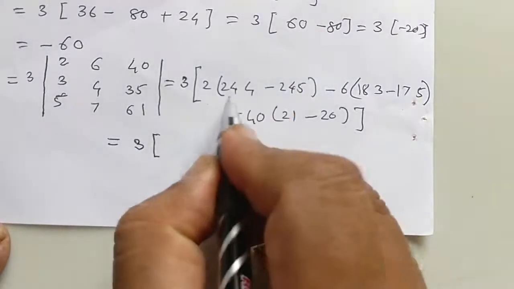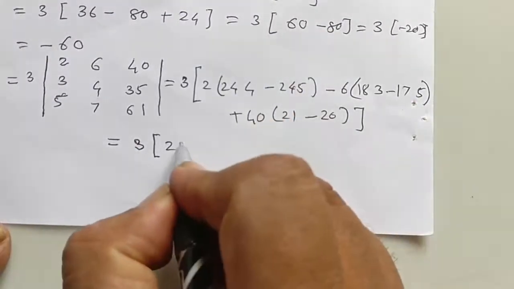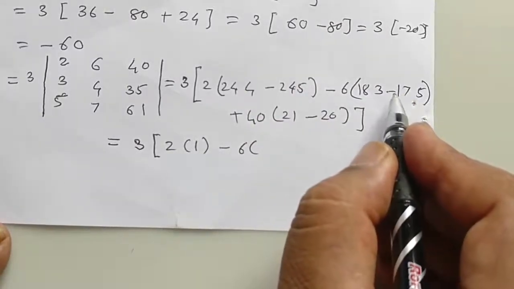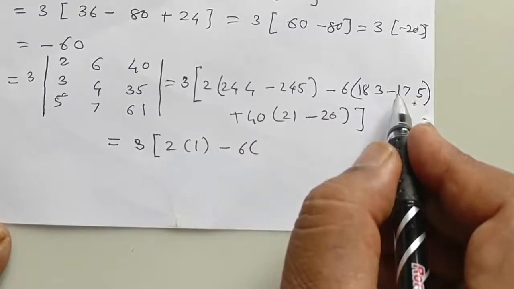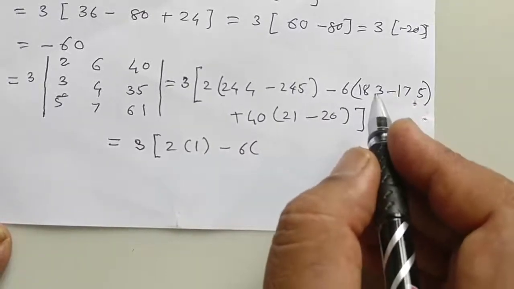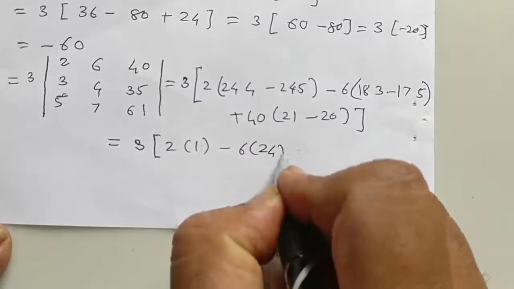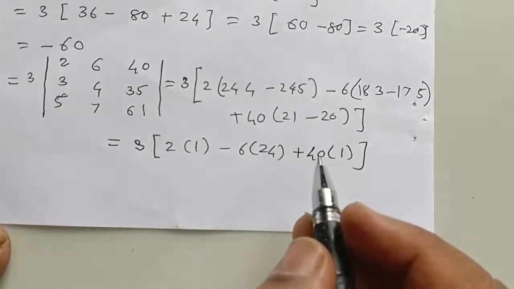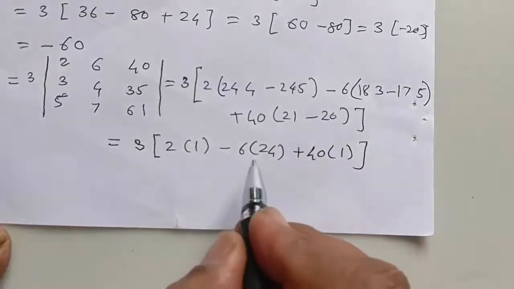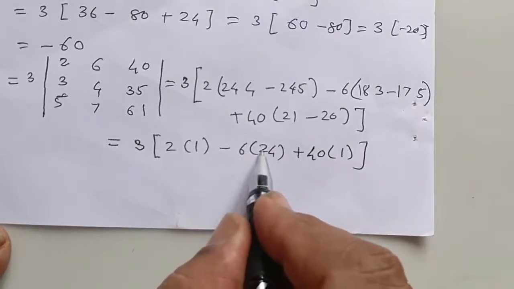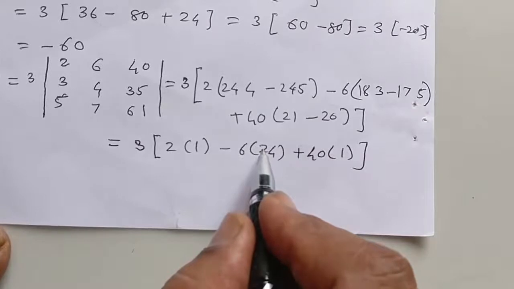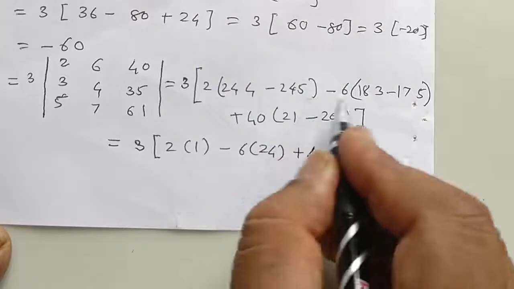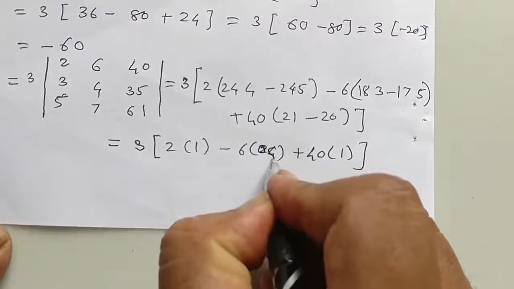3 into bracket 2 into 1 minus 6 into 24 plus 40 into 1 bracket complete. Here 6 into 8.